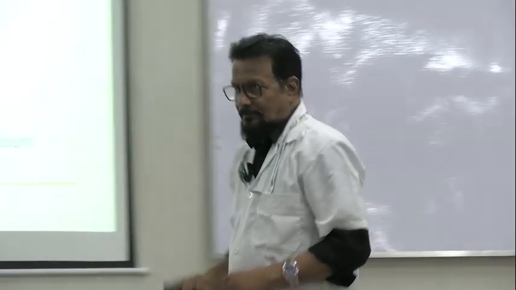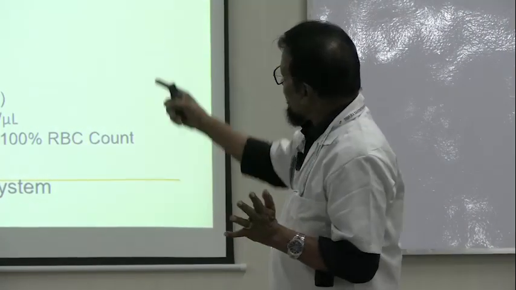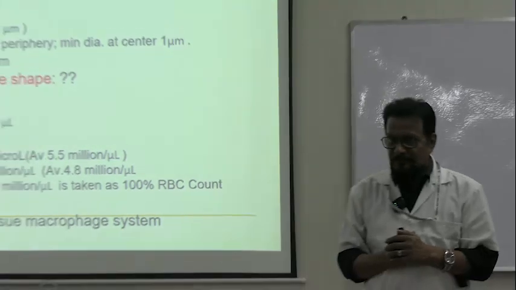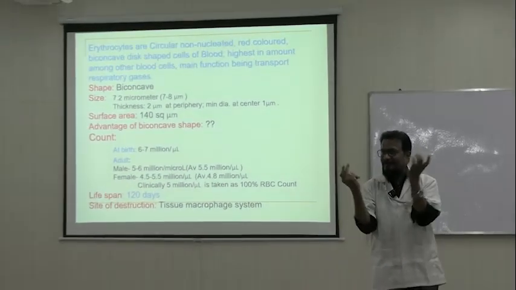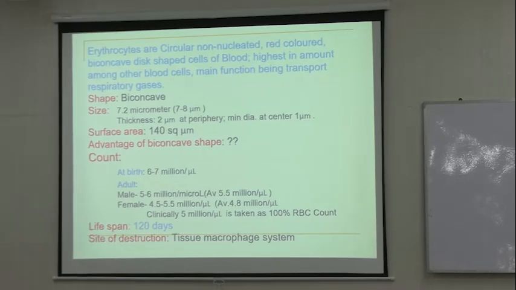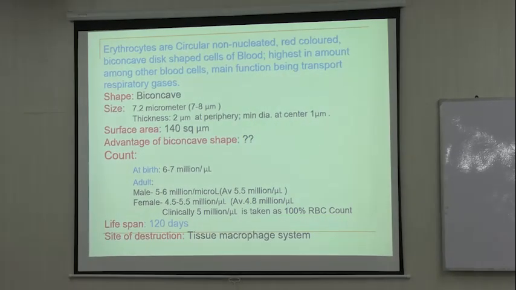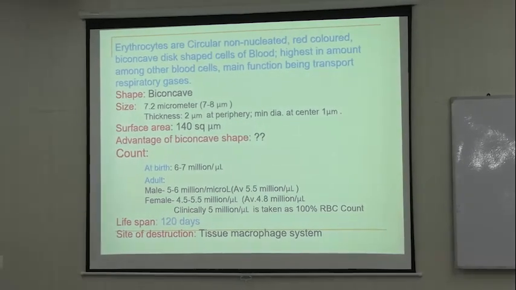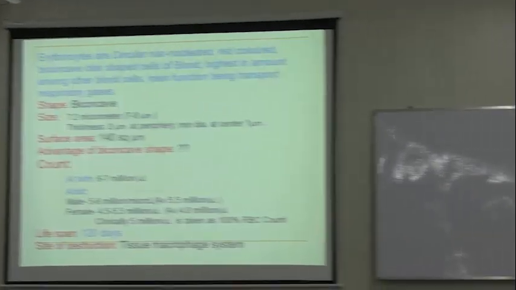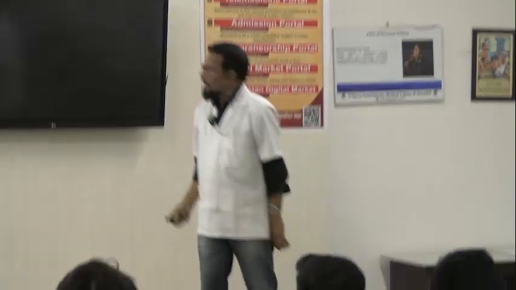Let us see. We have already told the shape of the RBC is biconcave. It's like a disc. At the center, it is compressed, indented from both sides. So it is almost flat, only the center is indented, biconcave.